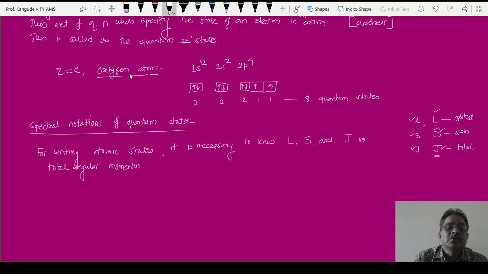J is the total angular momentum of the atom. This should be known.